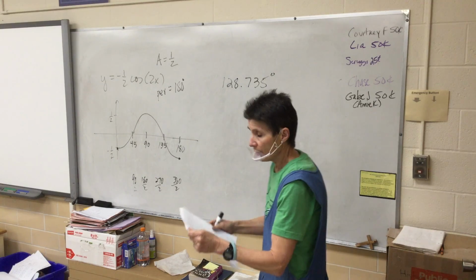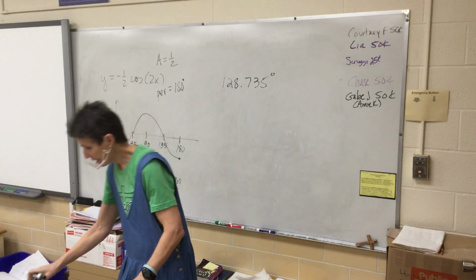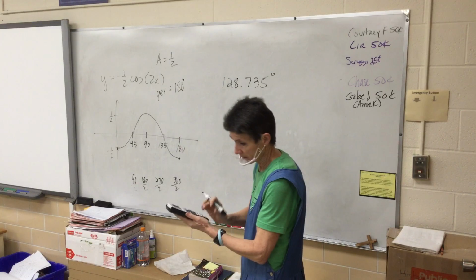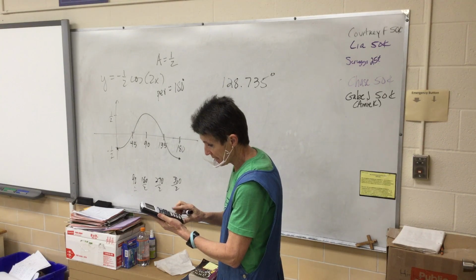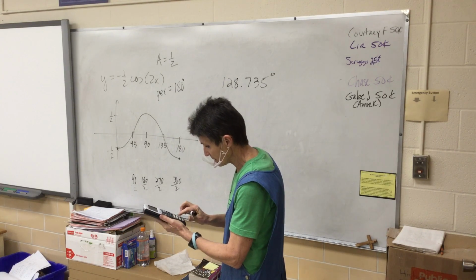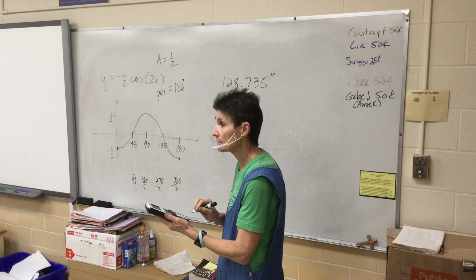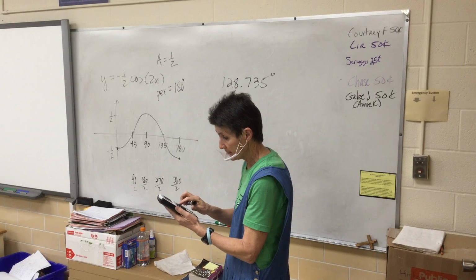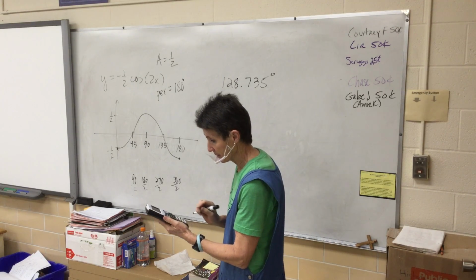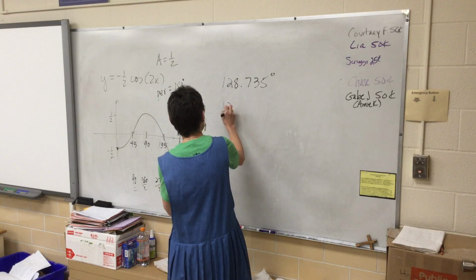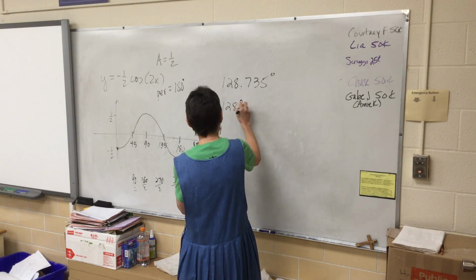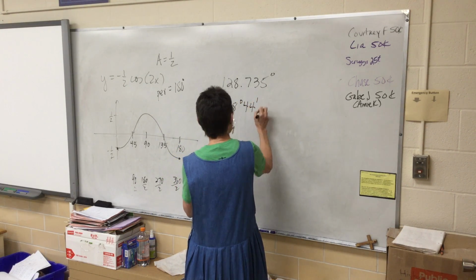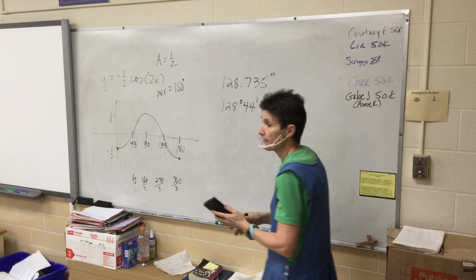Yeah. All right, so I'm going to type in on my calculator 128.735. Second angle DMS. And it says 128 degrees, 44 minutes, and 6 seconds.